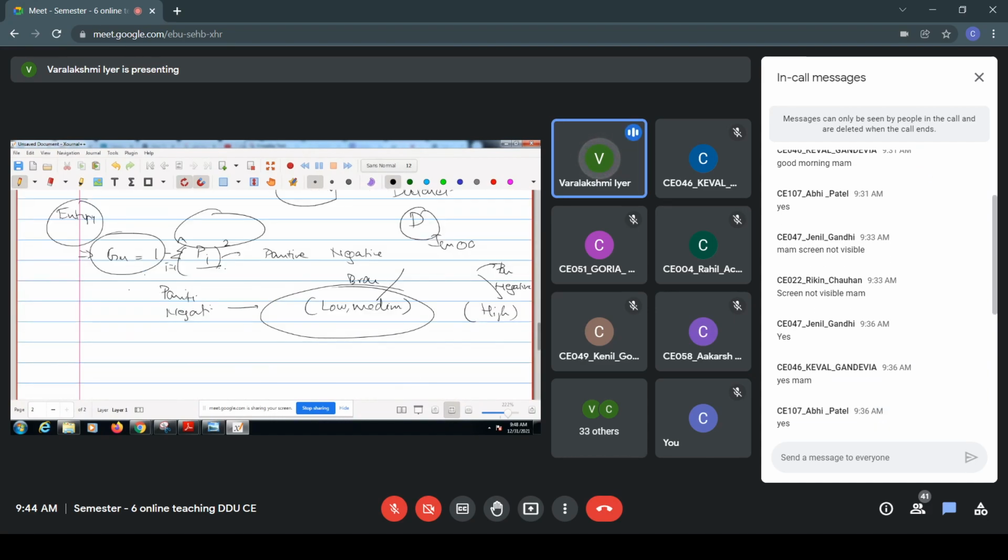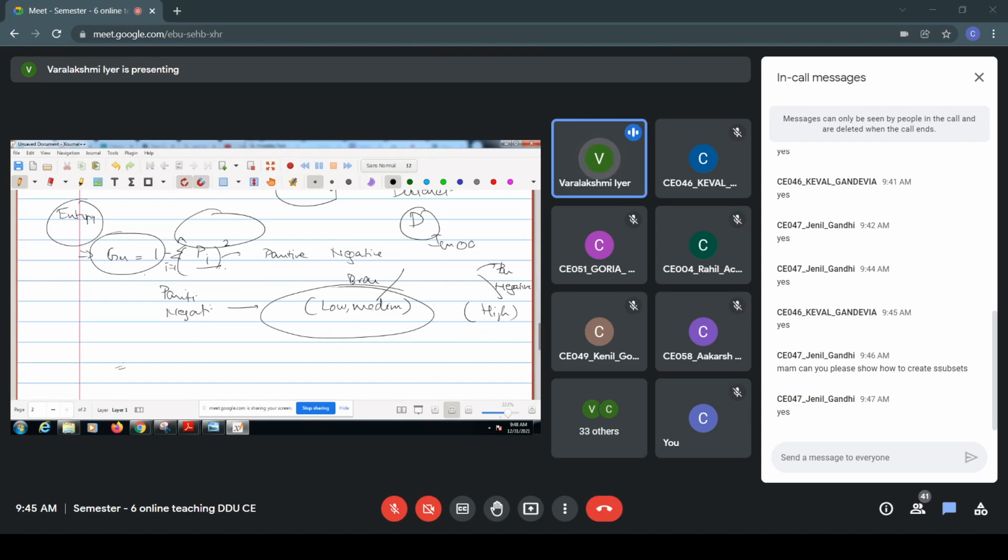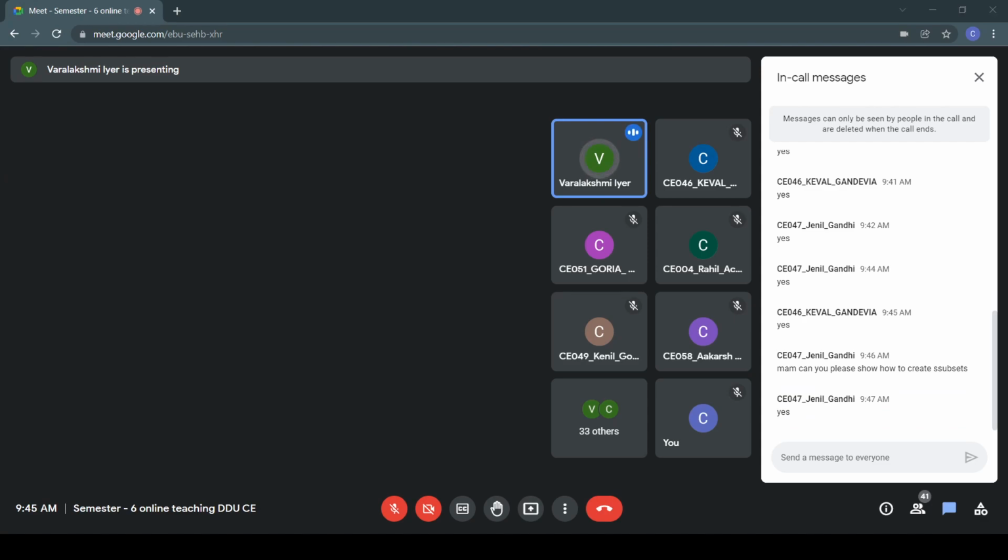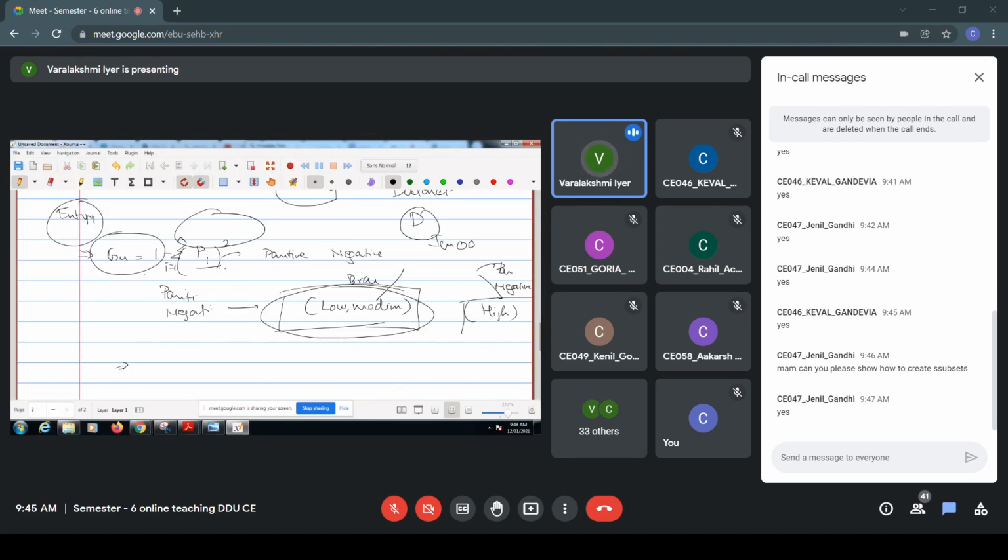For each split you will calculate a Gini impurity. So the total Gini impurity will be weight times the Gini of the branch with values low and medium, plus weight times the Gini of the branch with value high. This will be the total Gini impurity for that particular attribute.